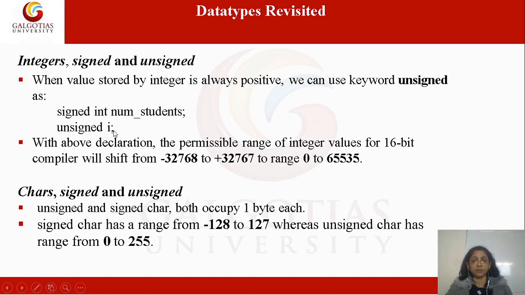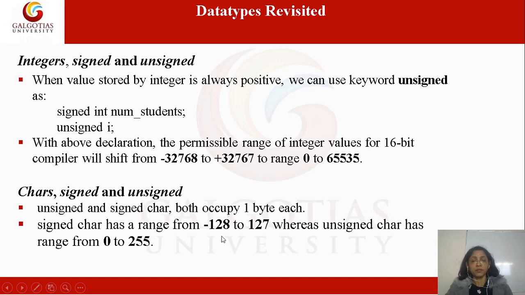With the above declaration, the range held by this kind of data type is from minus 32768 to plus 32767, or for unsigned, 0 to 65535.